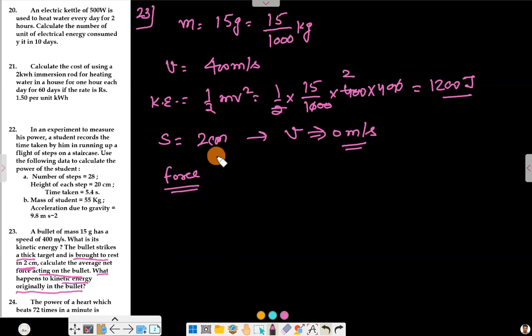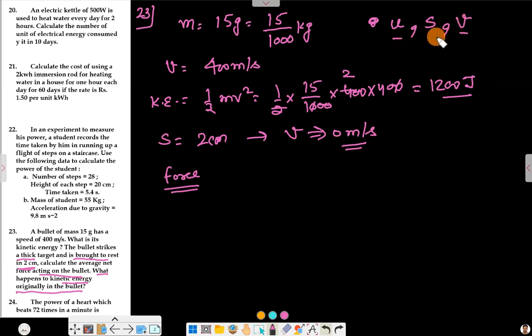So this can be done via two methods. One is via equation of motion, and second via work done. I will be using the work done method here because this is the chapter based on work. You can also solve using equation of motion, because you have been given the initial velocity u, the distance, and v.